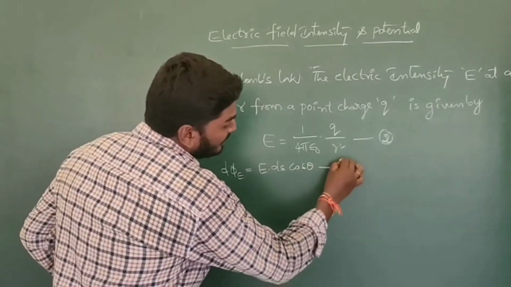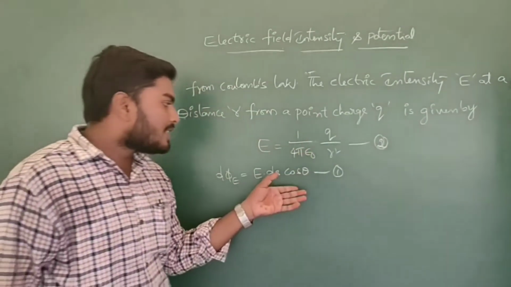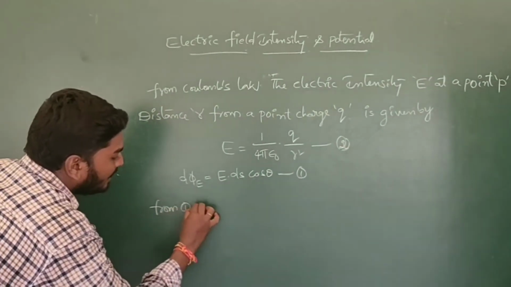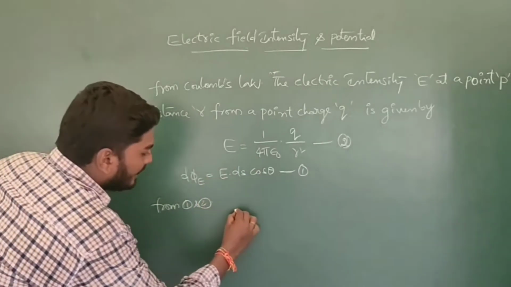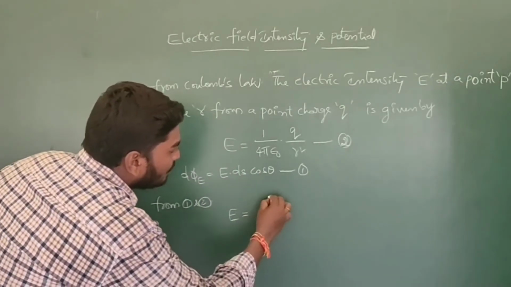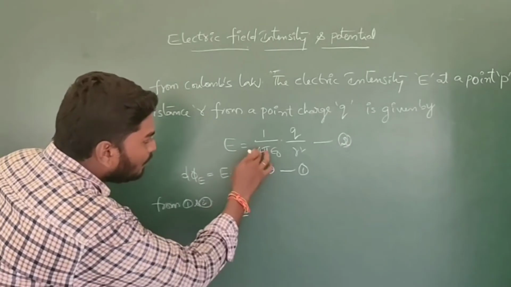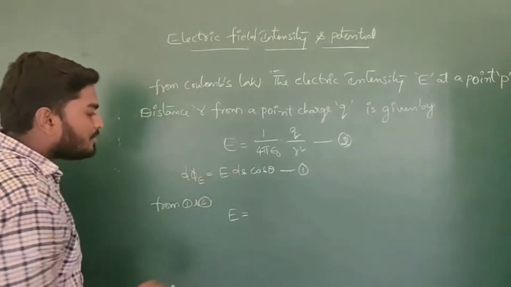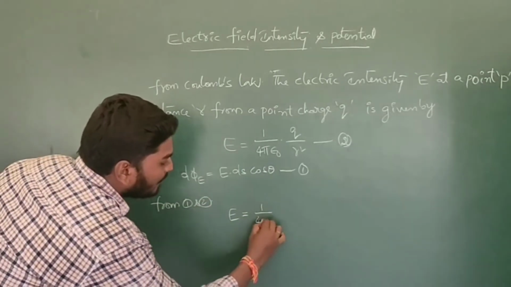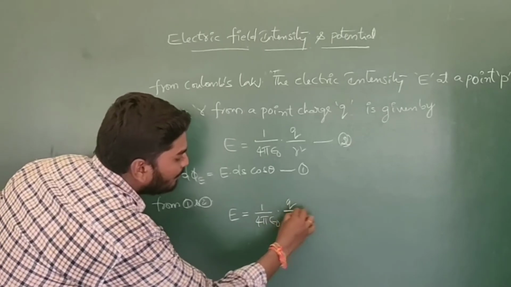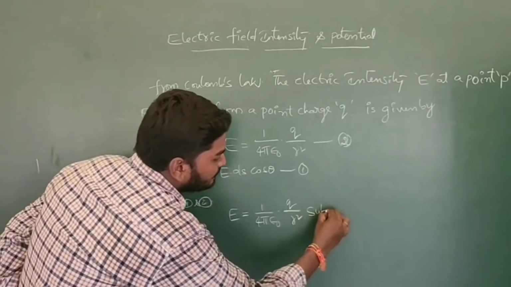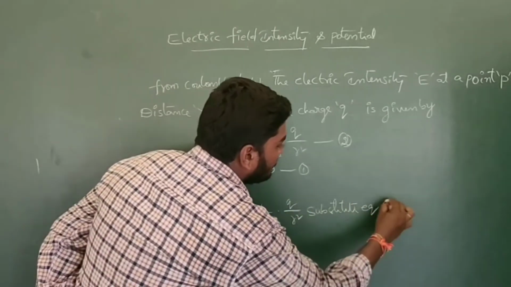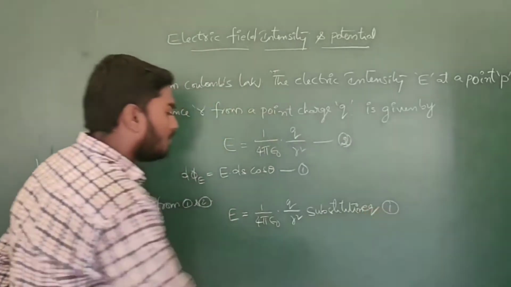Now from equations 1 and 2, substitute E equal to 1 by 4 pi epsilon naught q by r square in equation 1.